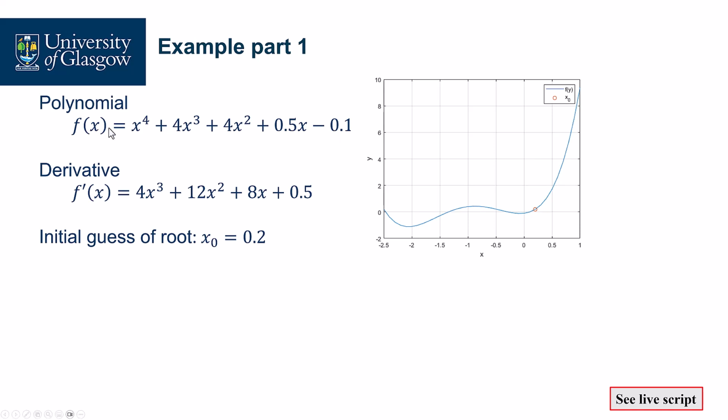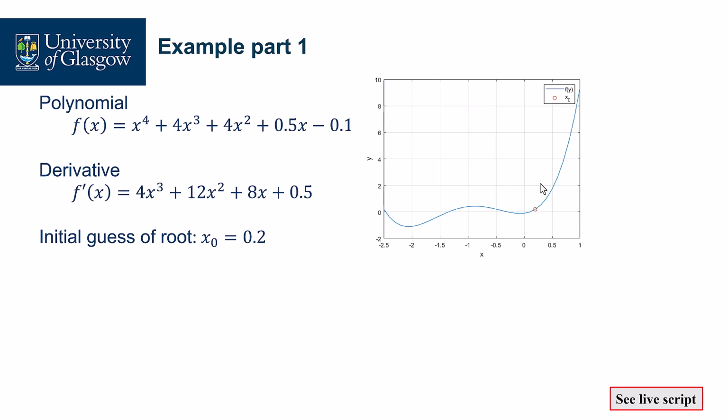The derivative, we can calculate it. So this is the derivative. Now we have an initial guess. We randomly pick a point, 0.2, and we can see there is a root near it. We can see how many steps it takes from 0.2 to reach the root. Now we need to write the program.